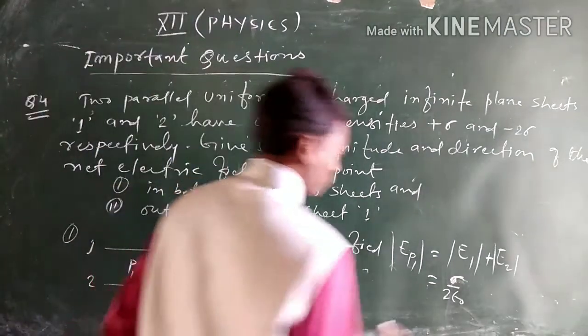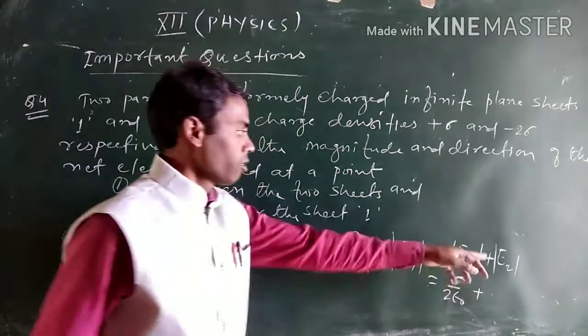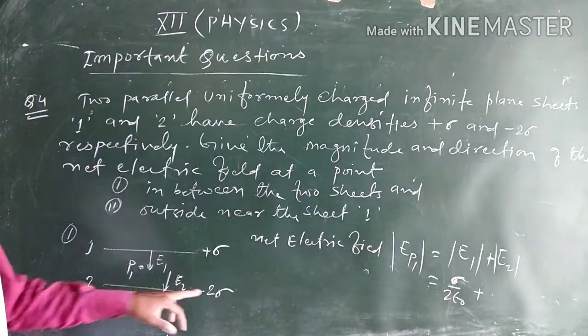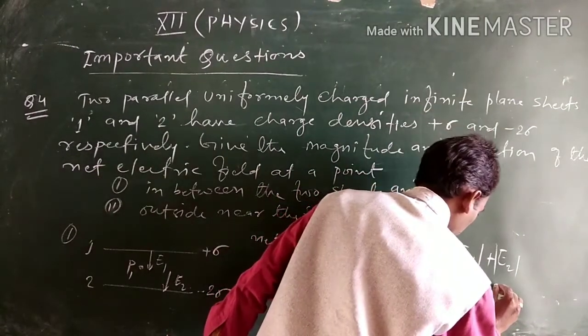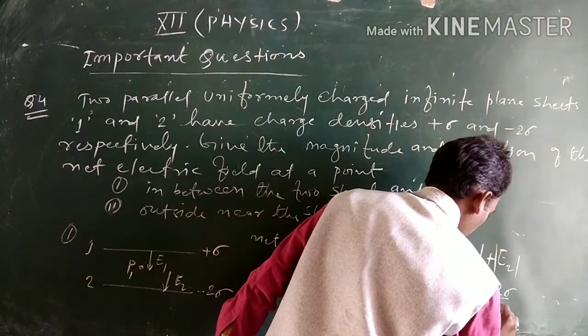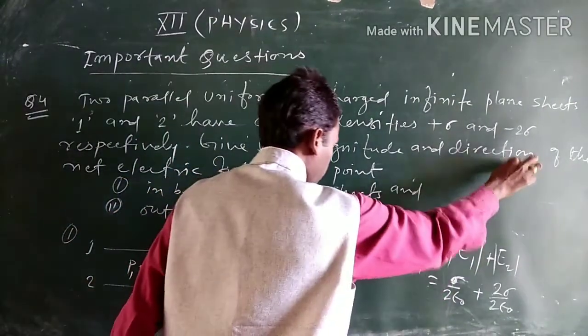Then plus the magnitude of E2, that means here the charge density is 2 sigma, divided by 2 epsilon naught. We have to calculate this one.